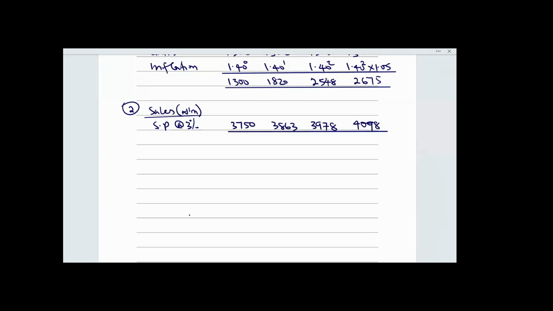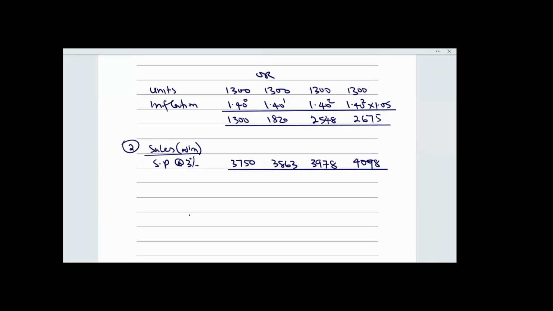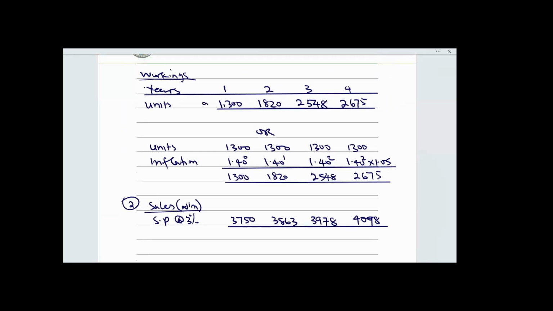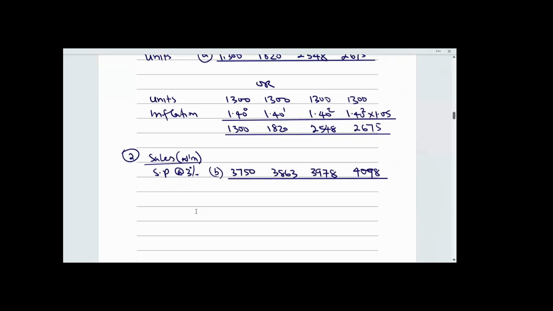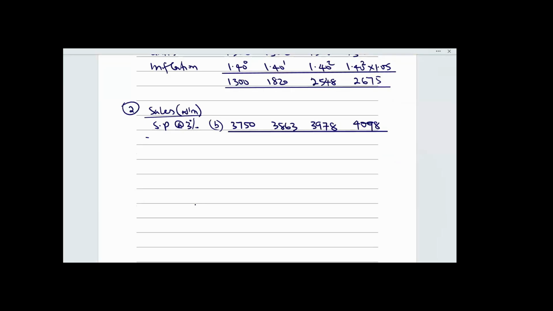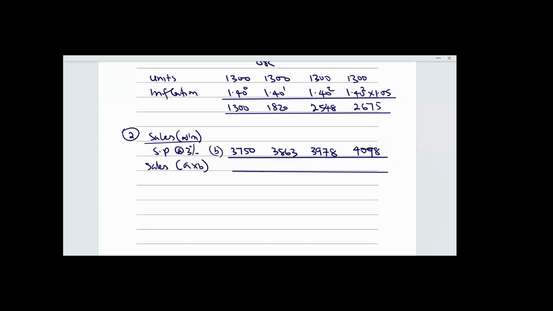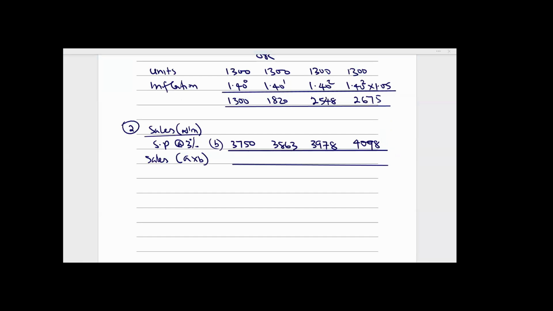So the next thing we want to do is to determine sales. Let's say this is A, this is B. Therefore, we want to calculate sales. Sales is equal to A multiplied by B. So in the first year, 1,300 units multiplied by 3,750 equals 4,875.